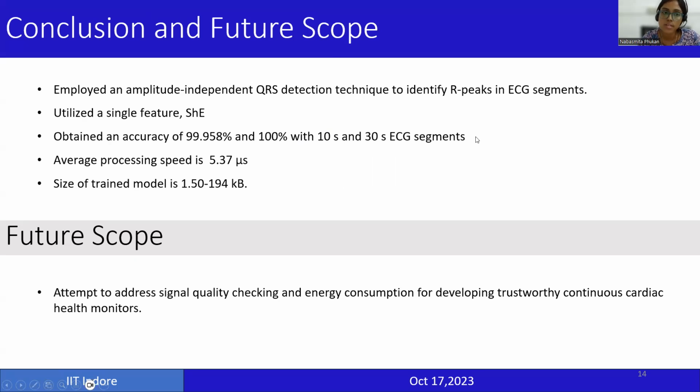The processing time of our method is only 5.37 microseconds, and the size of our model ranges from 1.50 to 194 KB, which is also very low. We can say that this will also consume less power.